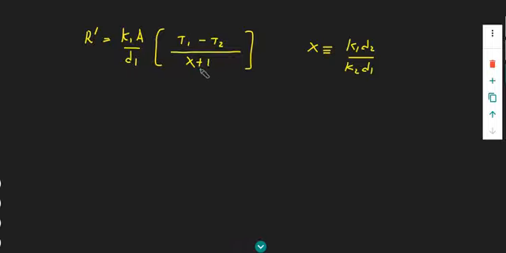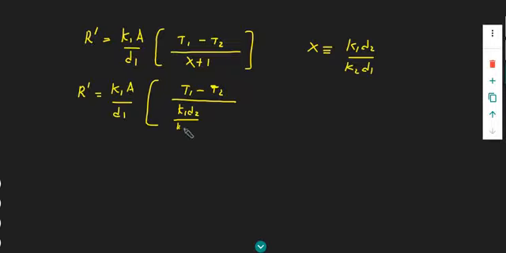So let's substitute that back into this equation. So I have r prime equals k1a divided by d1, and T1 minus T2 in the numerator divided by, for x I'll substitute K1 D2 divided by K2 D1, plus 1. Okay.